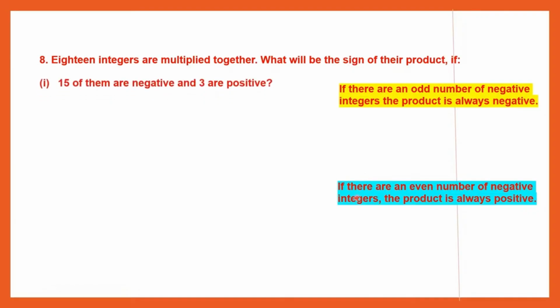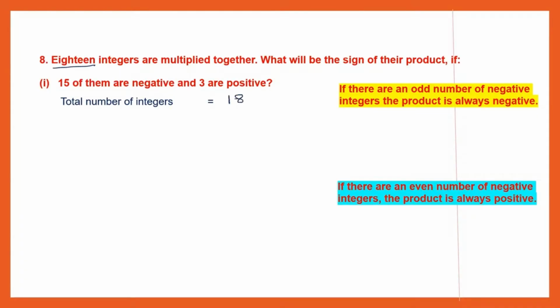The first question, 15 of the integers are negative and 3 are positive. Now we need not worry about the positive integers. We are only looking at the negative integers. So here, what is the total number of integers? They've given us 18.